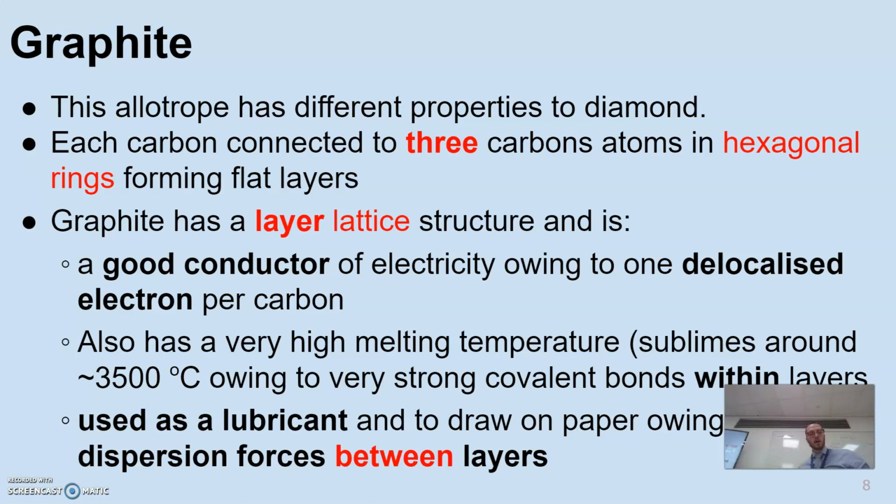Cool. So, graphite is conductive. And it's conductive because every carbon has an unpaired electron. Therefore, there are free moving charged particles and it is able to conduct electricity.